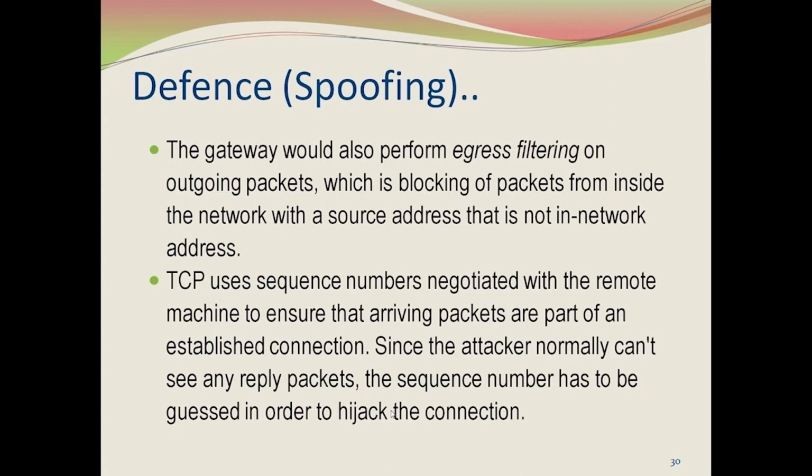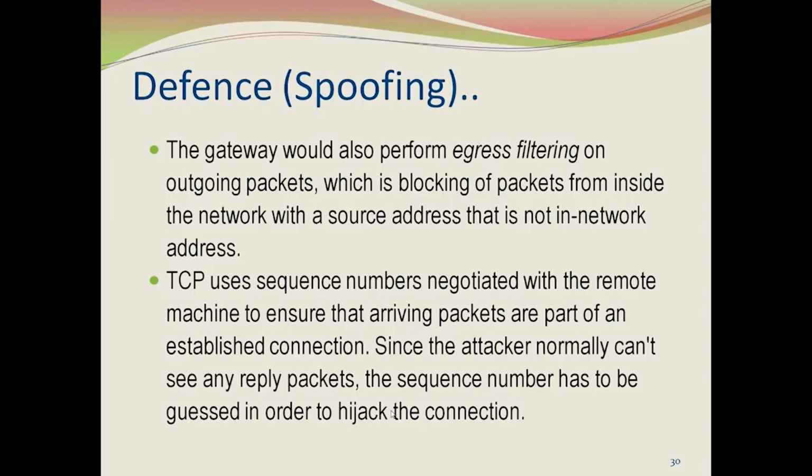So, that means the attacker may choose some address which belongs to the outside network address, but actually it is going from this network. So, obviously, this cannot be a valid packet originating from this network. So, egress filtering may be performed and thus these packets may be filtered.